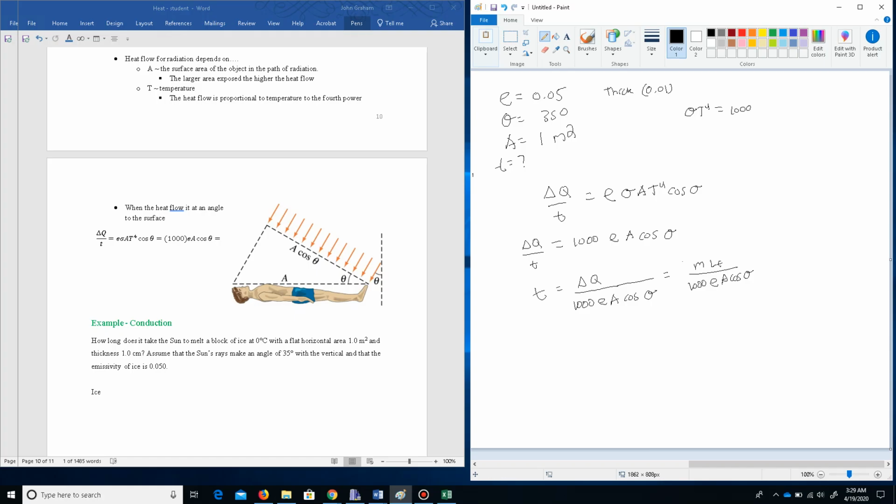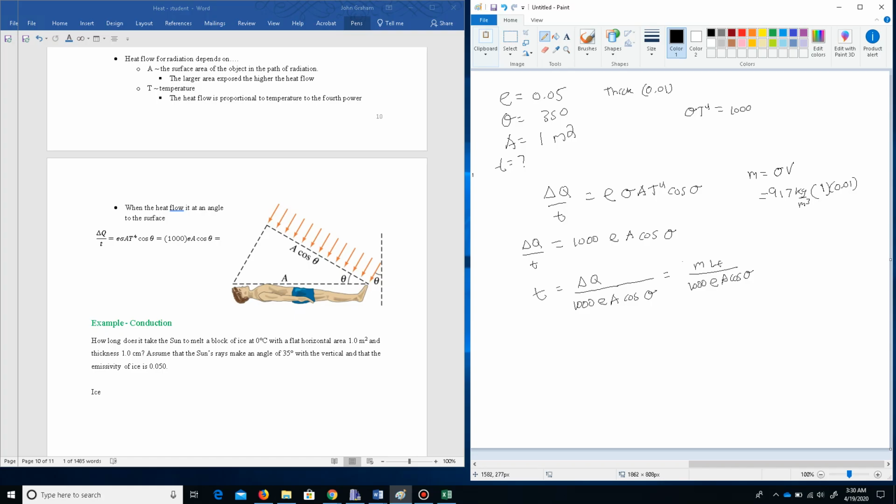Okay. Now, we weren't given a mass. Mass, though, is equal to density times volume. Our density of ice is 917 kilograms per meter cubed. And our volume is the 1 meter squared times the 0.01 thickness.